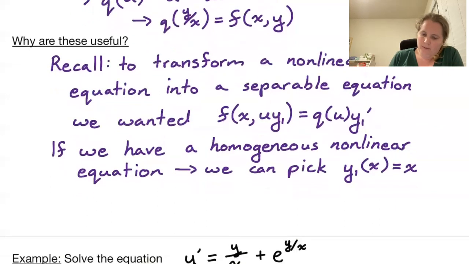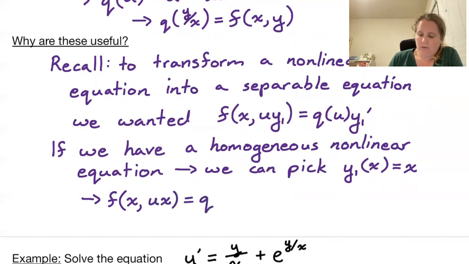In doing so, what we would have then is f of x comma ux would be equal to a q of y over x, so a q of ux over x, which is just q of u.